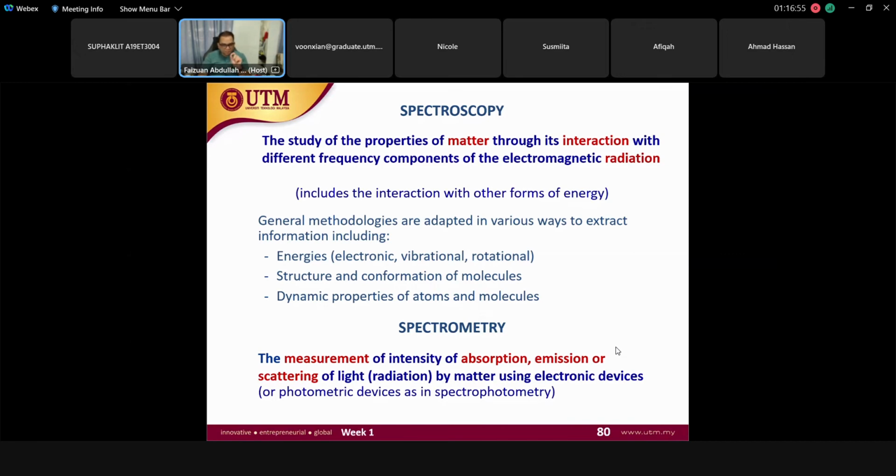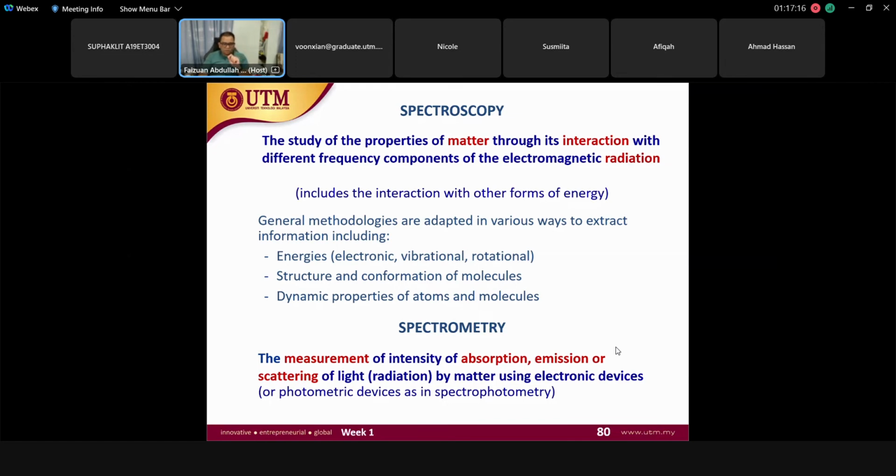That's why we can differentiate and analyze using the spectroscopy technique, because the spectrum that can be released or absorbed by all the elements is very unique, very different from each other.